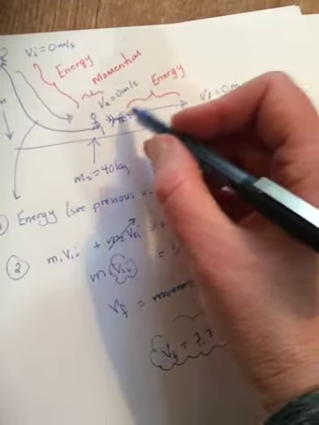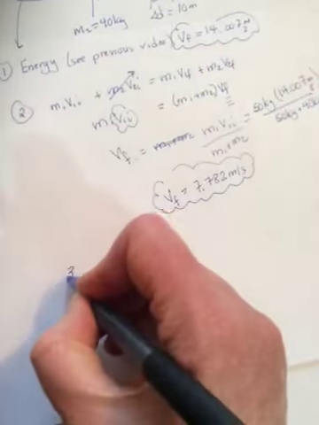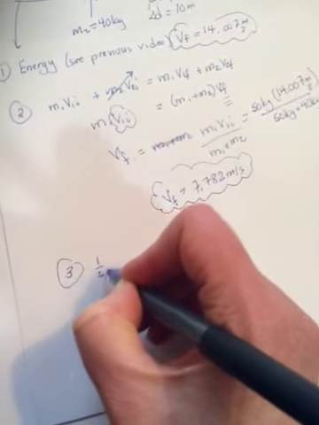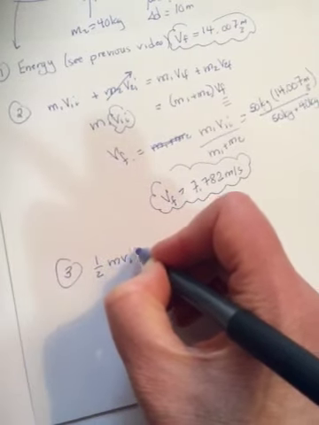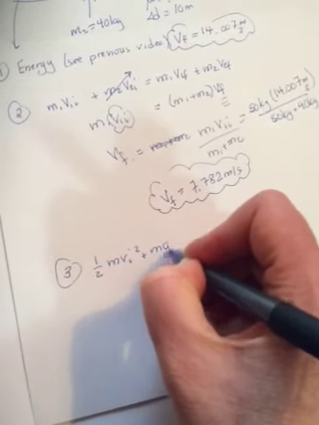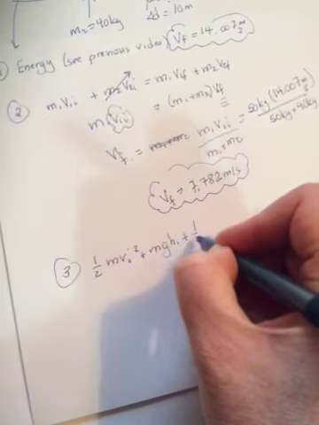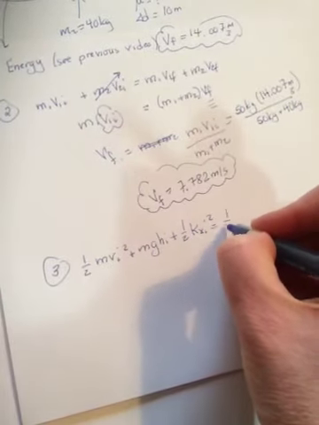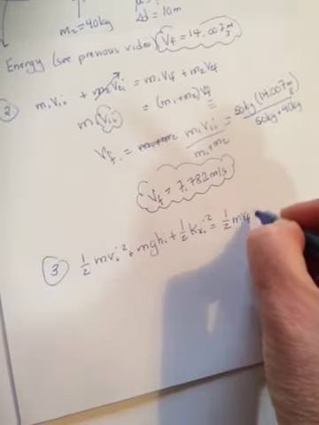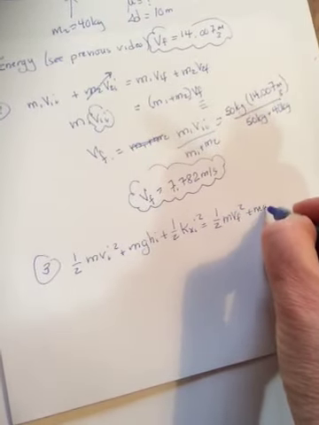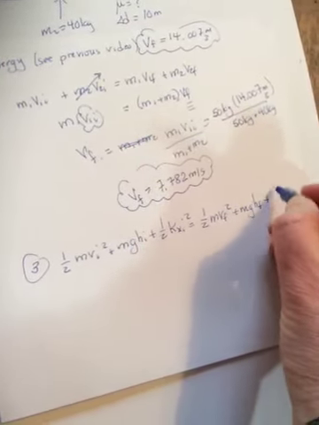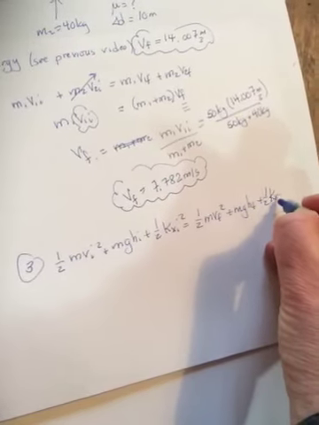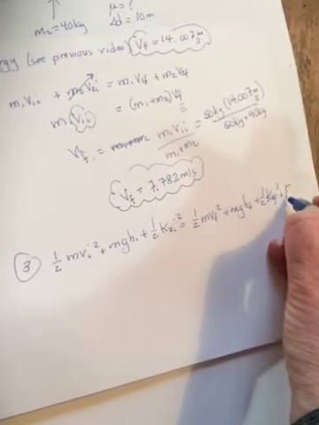Now we move to the next part, which is energy again. So step 3, you write down your big energy equation again: 1/2 mv initial squared plus mgh initial plus 1/2 kx initial squared equals 1/2 mv final squared plus mgh final plus 1/2 kx final squared plus E lost.